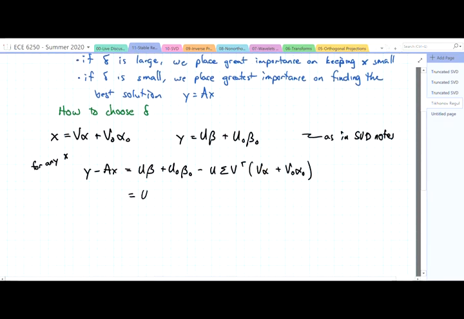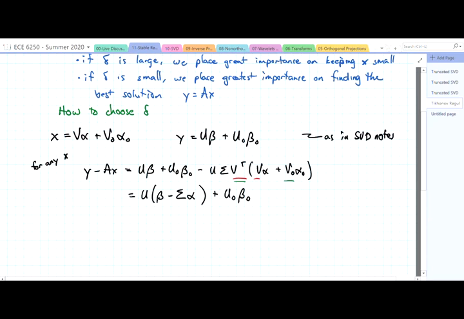We can factor out our U terms, beta minus sigma alpha, because our V transpose V is an identity matrix, so that goes away, simplifying things a bit, plus U naught beta naught, and we also have that V transpose V naught is going to be equal to 0, so that part goes away.